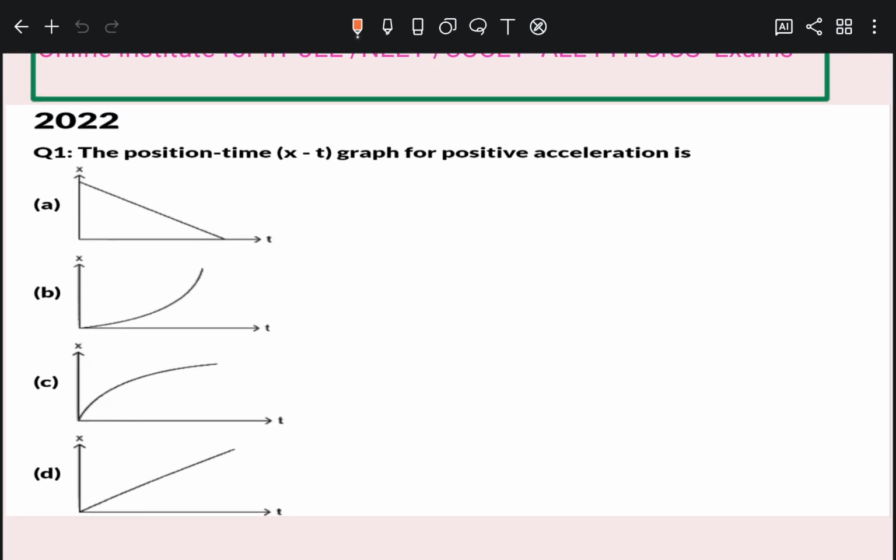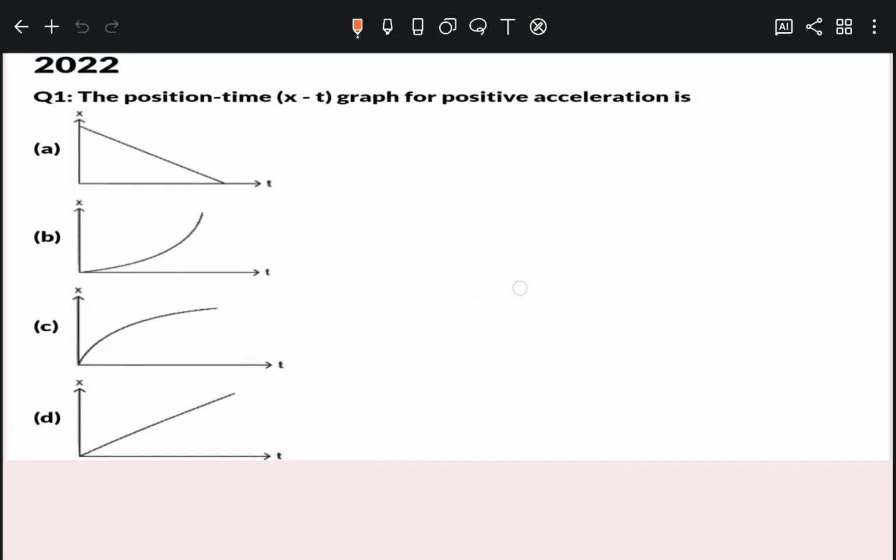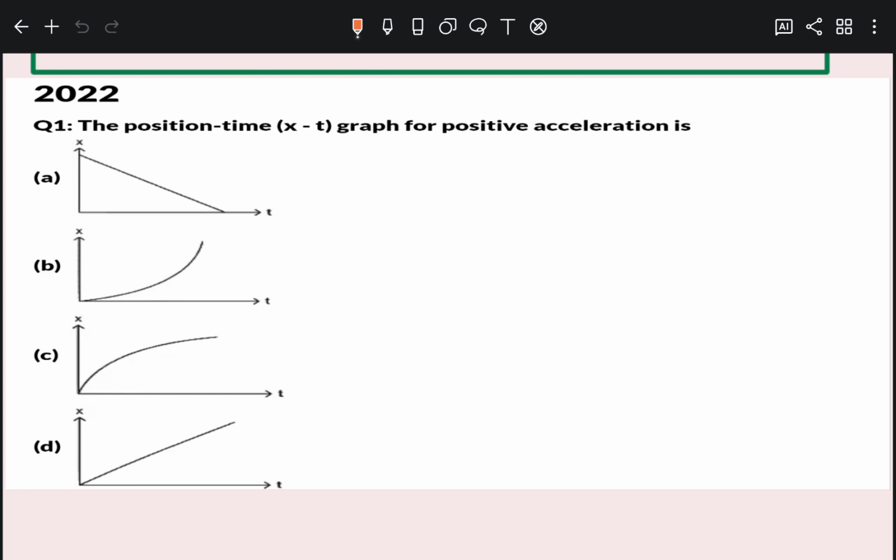Now the next question: the position time graph for a positive acceleration is, as we know, s is equal to ut plus half at square.